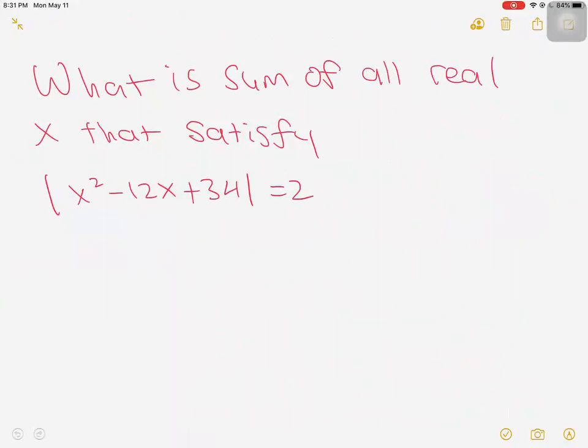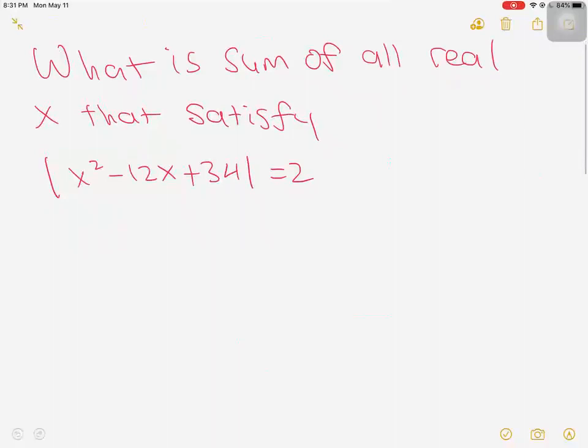Okay, so this is problem 1. It's really basic, and it appeared on the AMC 10 this year. It asks: what is the sum of all real x that satisfy this equation. And if you don't know what these two bars are, it just means absolute value, so it basically makes it positive.